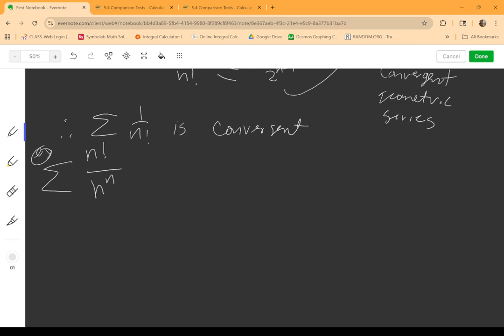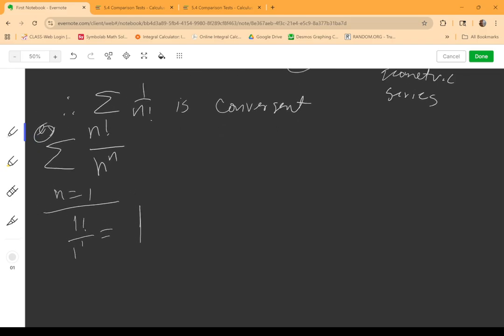So when I have something like this, sometimes what's helpful for me is to just list out what some of these terms look like, just to get an idea of what's happening to the overall term. So when n is 1, we just get 1 factorial over 1 to the 1. So that's just 1. When n is 2, we get 2 factorial over 2 squared.